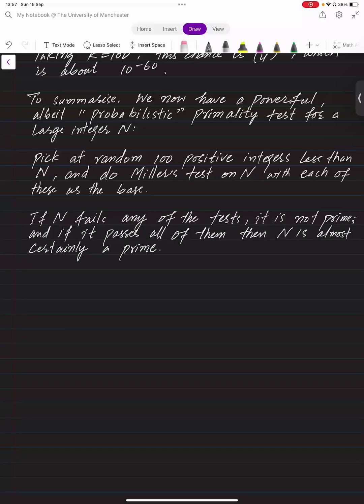Because the chance of getting the answer wrong being less than the chance of a computer error is enough evidence to show that n is prime.